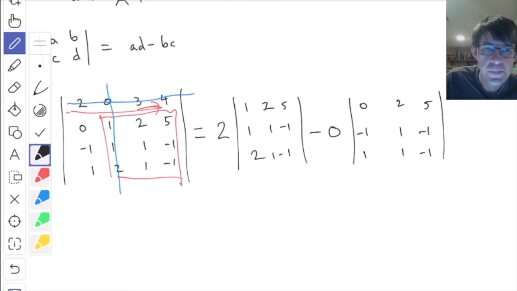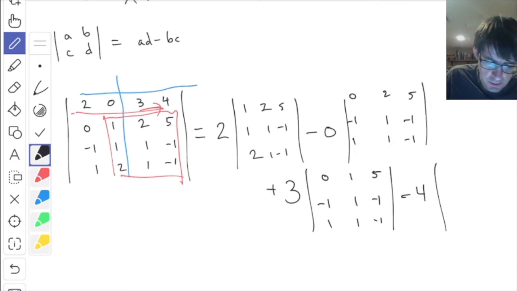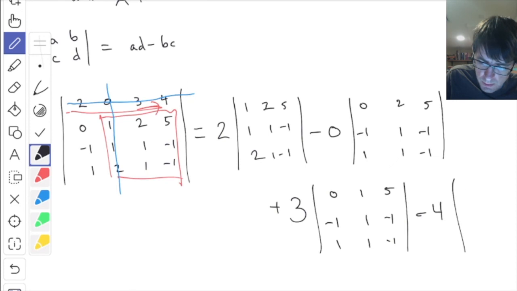All right? And then I continue. Next is the 3. So now I go plus 3 as a coefficient, and then the submatrix for that will be 0, 1, 5, minus 1, 1, minus 1, 1, 1, minus 1. And then finally minus 4, and then the submatrix for the 4 is 0, 1, 2, minus 1, 1, minus 1, 1, 1, minus 1. All right.